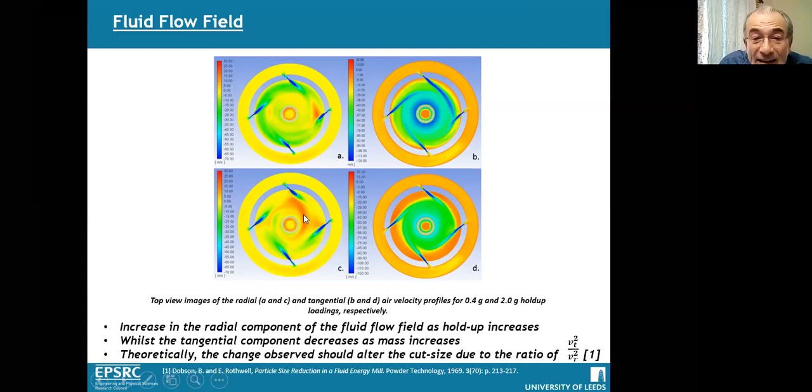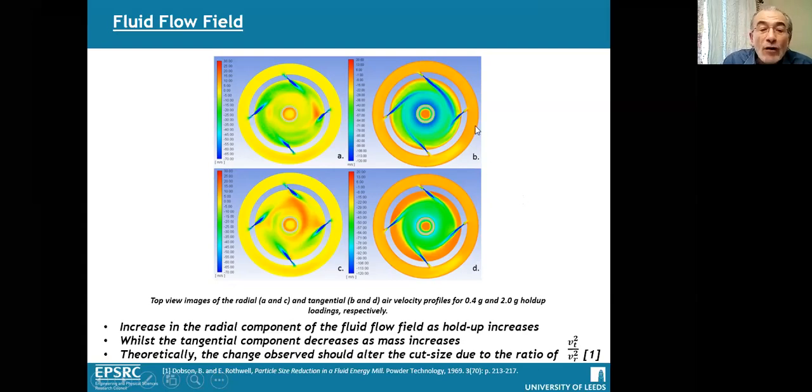So we have radially outward fluid here, which is because of the jet induction. So the jet moving the fluid in that direction, it induces and drags the air into it. So that's why you see radially positive values for the fluid for both cases to some extent, but to more extent for the large holdup.